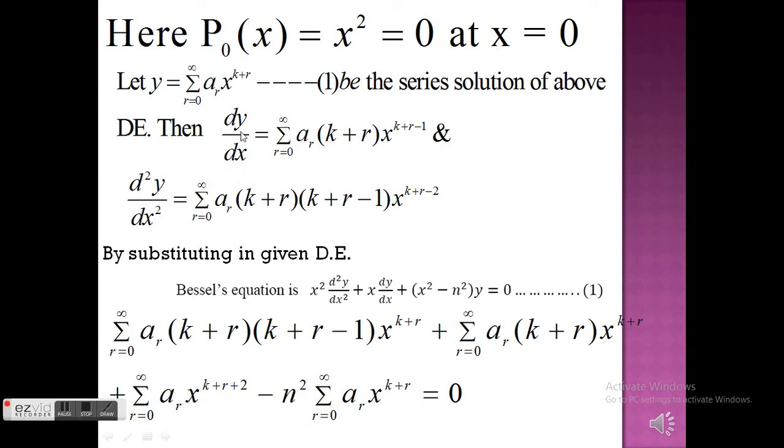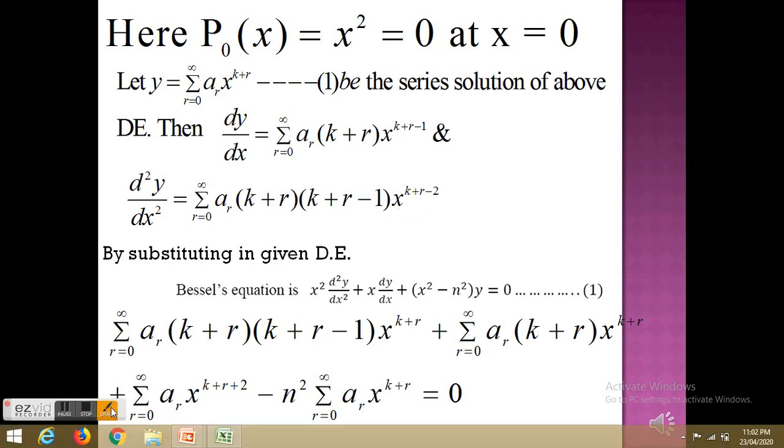Differentiating this again, we get d square y by dx square equal to summation r equal to 0 to infinity a r, k plus r as it is, and differentiating x to the power k plus r minus 1 gives k plus r minus 1 into x to the power k plus r minus 2.